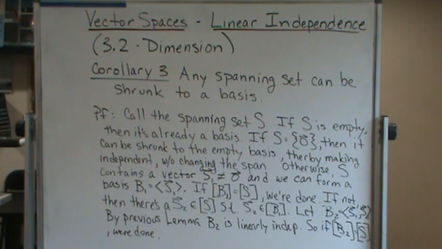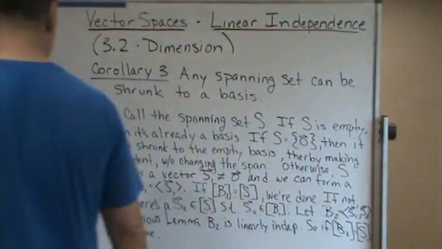In the previous corollary we said we could add a vector to a set under certain circumstances until we get a basis, right? So here it says any spanning set can be shrunk to a basis. And so here's the proof.